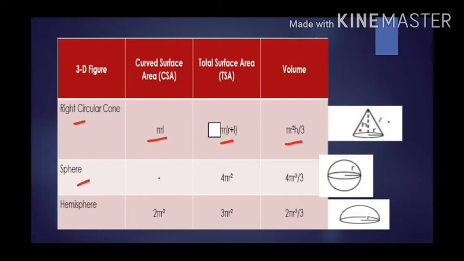For sphere, there is only one surface area, which is considered the total surface area, and it will be 4 pi r square, and the volume will be 4/3 pi r cube. For hemisphere, curved surface area will be 2 pi r square, total surface area will be 3 pi r square, and volume will be 2/3 pi r cube.